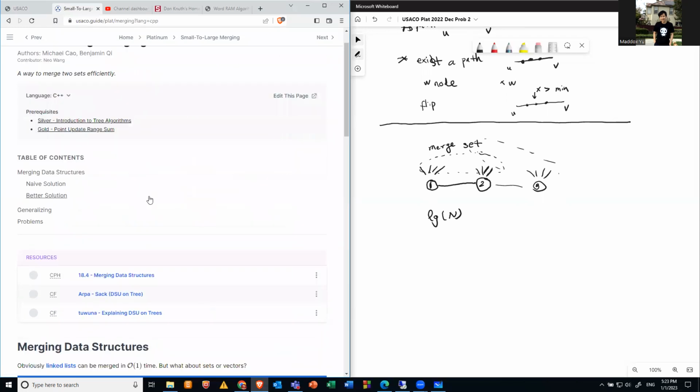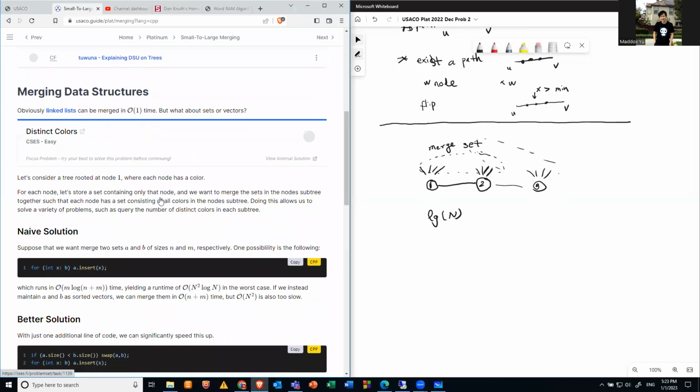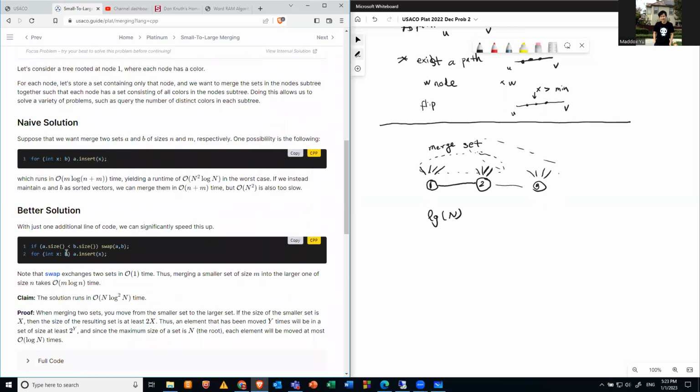If you have two sets, you merge the small one to the large one, right? Swap is O of 1 and set merge is O of n, right? So each merge is log n, and then you have n of them from 1 to n, right? So the overall complexity is O(n) log n.